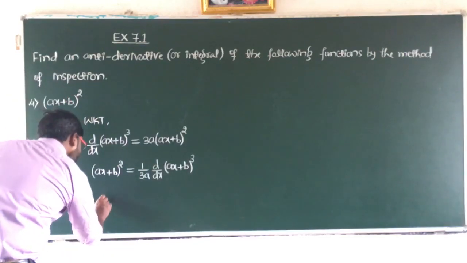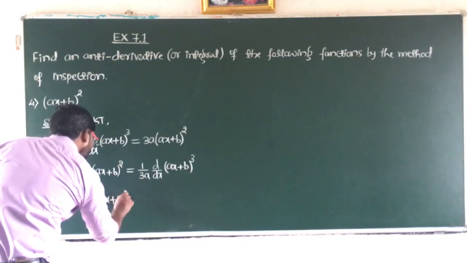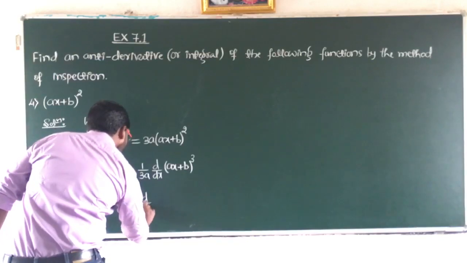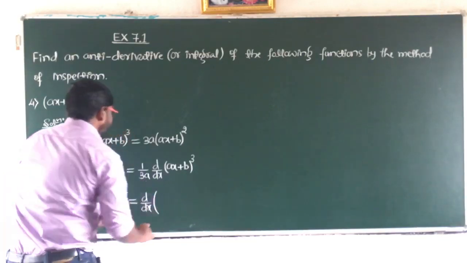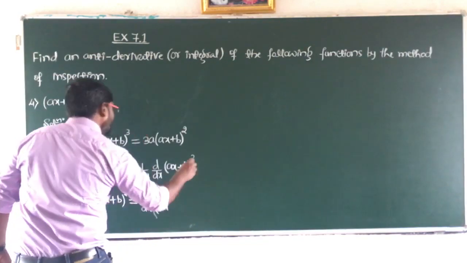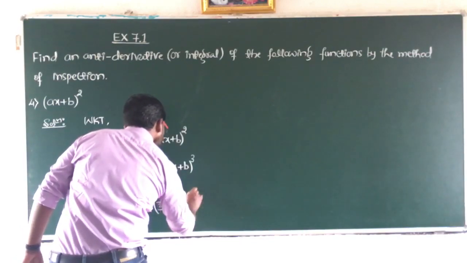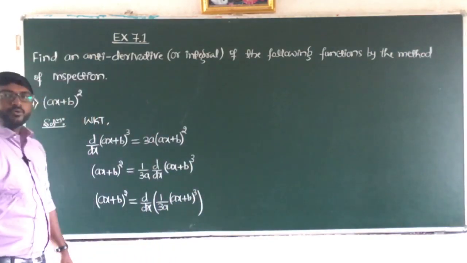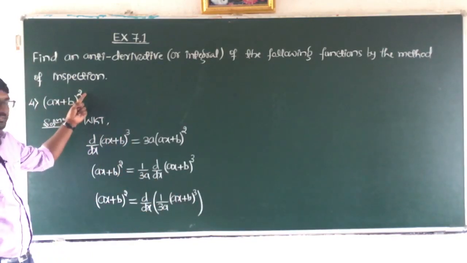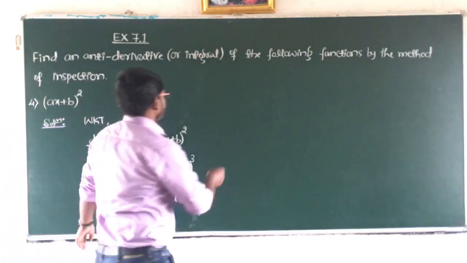Now ax plus b the whole square is equal to d by dx of, taking this inside the bracket, 1 by 3a into ax plus b the whole cube. So differentiate this, we get back ax plus b the whole square. Therefore the antiderivative of this will be 1 by 3a into ax plus b the whole cube.